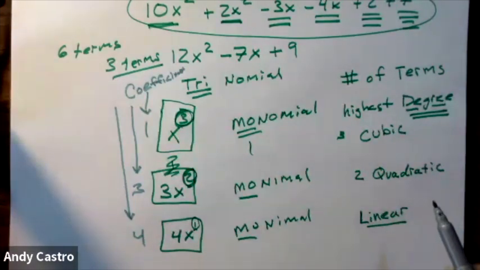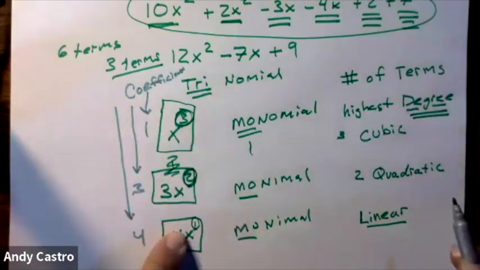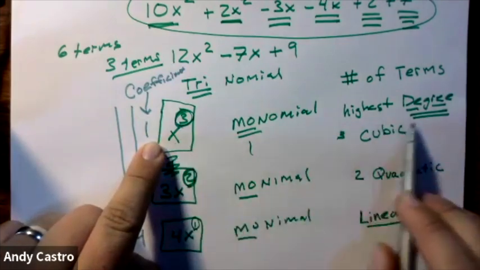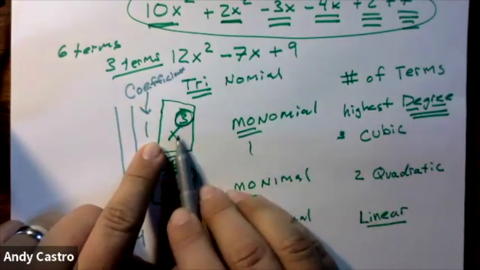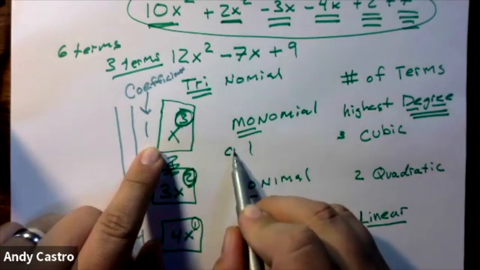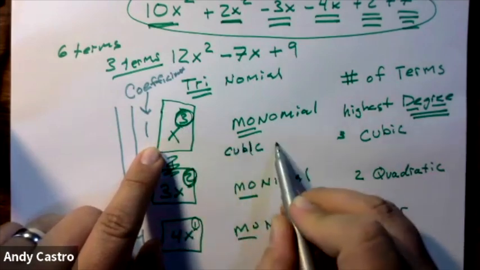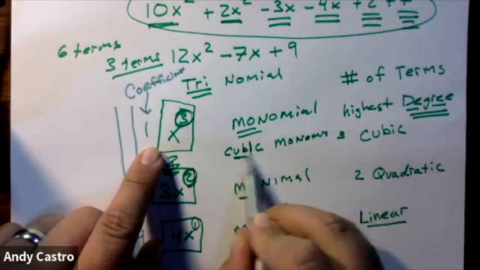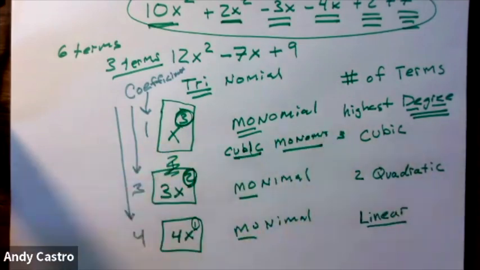All right. So how are each one of these polynomials named? The first one is known as, and we put the degree name first. So x cubed is called a cubic monomial. Okay, degree first, number of terms second.